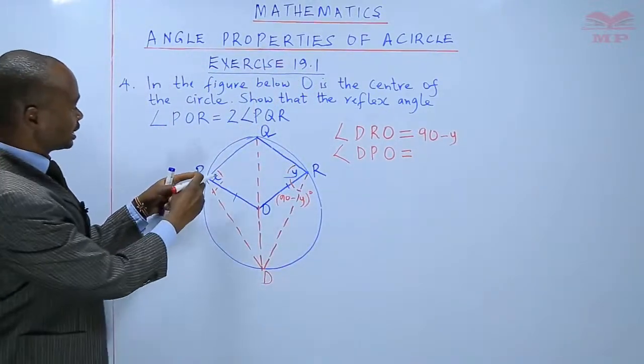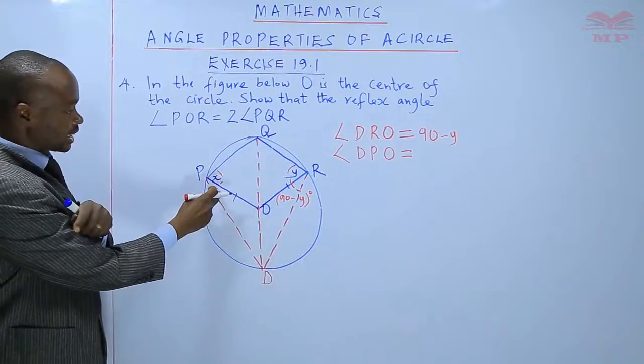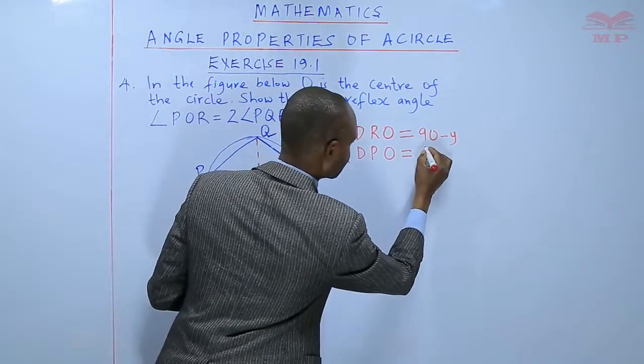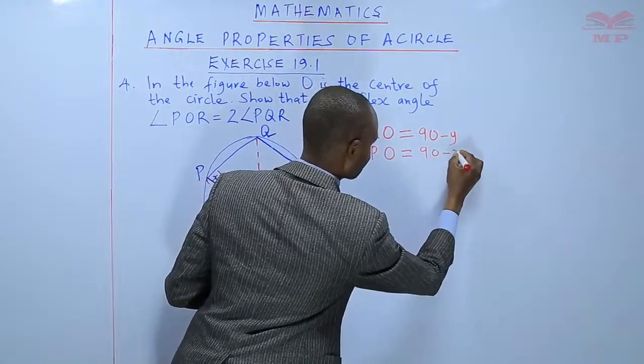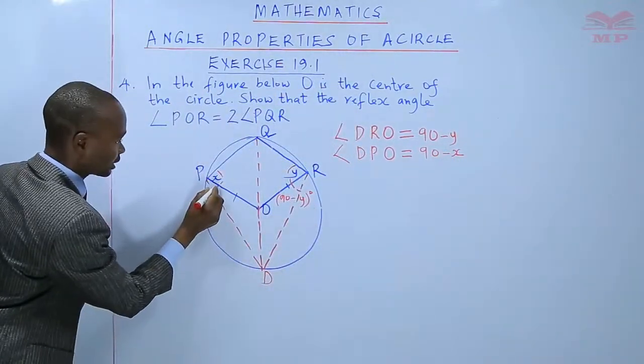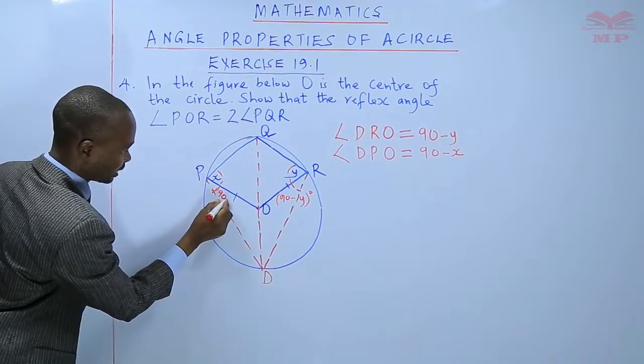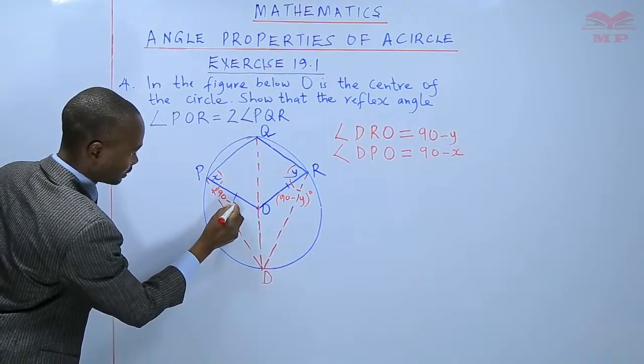It will be equal to 90 minus X. I'll get that angle, isn't it? It is 90 minus X. It is right here, this angle.